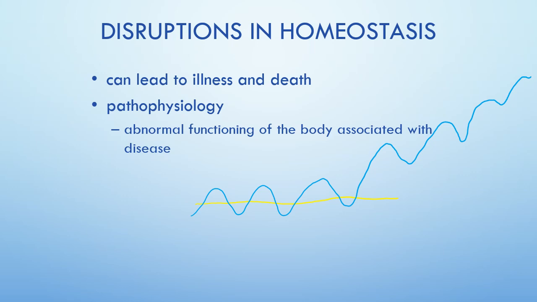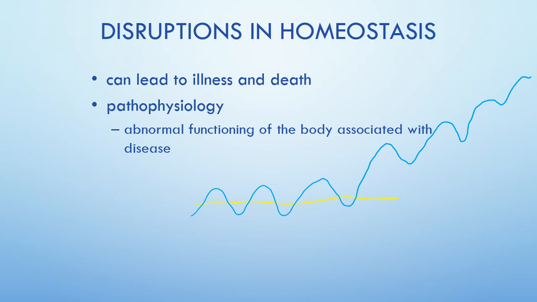This is going to start to lead to our body having disease. This is going to lead to normal processes no longer being able to function because we've come out of that homeostasis and we've not allowed our body to get back to that set point once again.